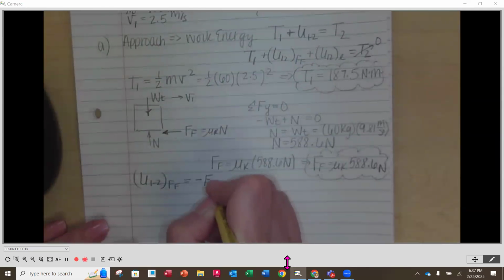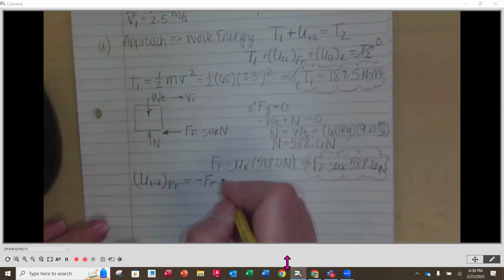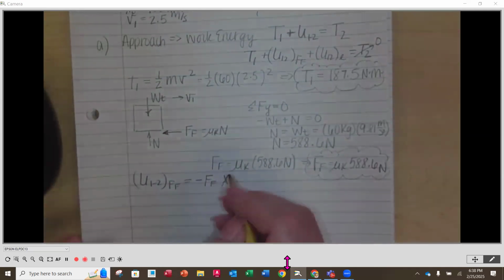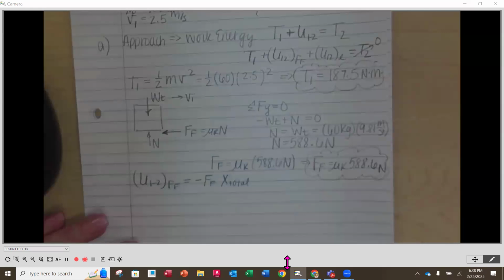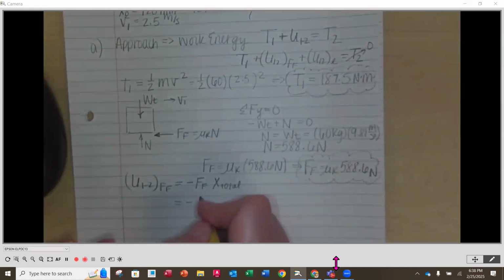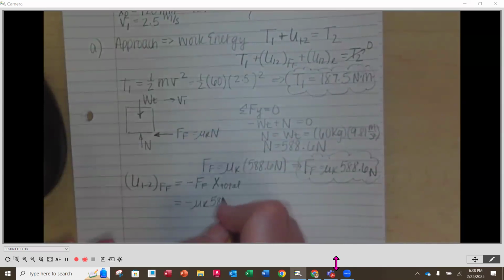It's going to be friction force times the distance x, or the total distance x. And I'm going to say total. Okay? So this is going to be a negative coefficient of static friction times 588.6, okay?